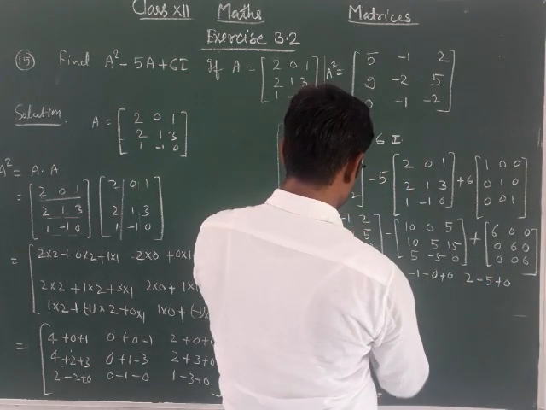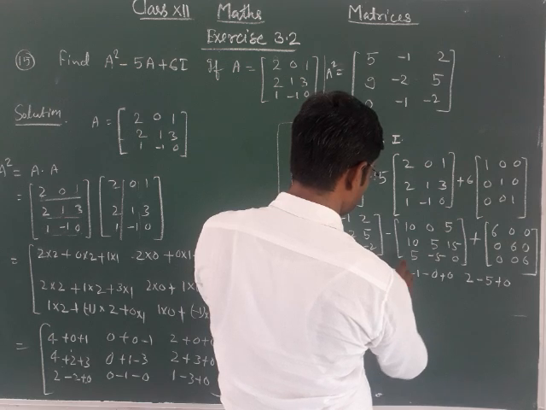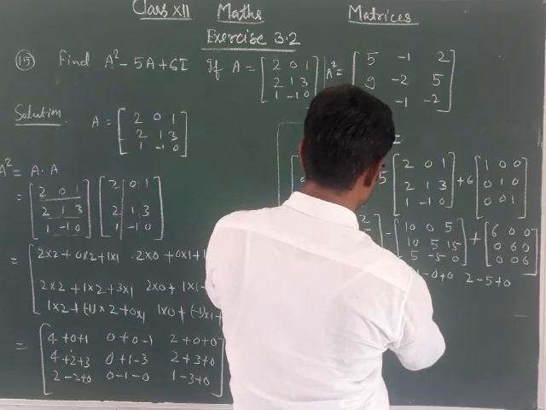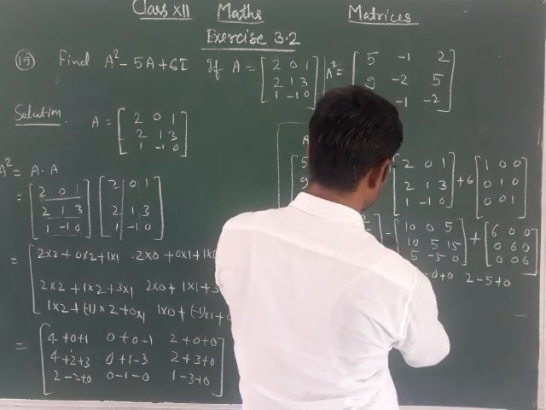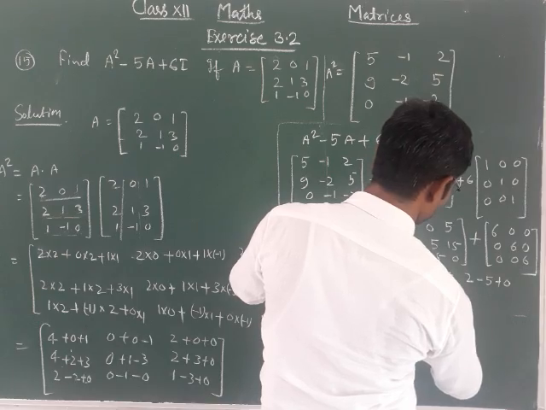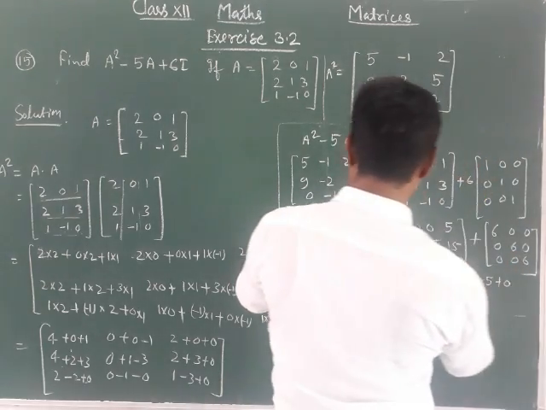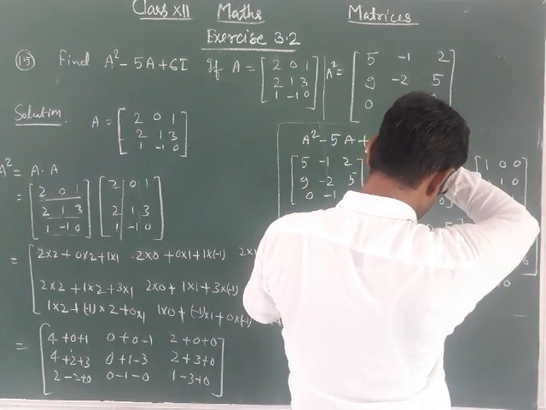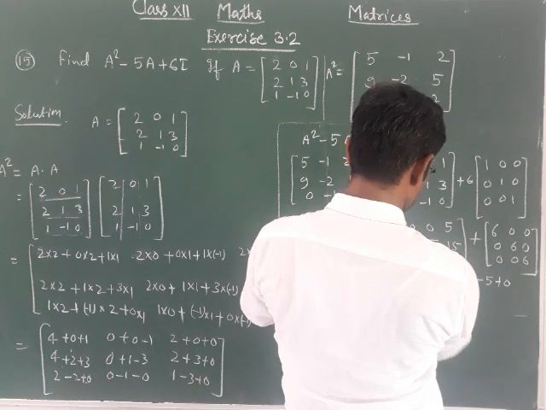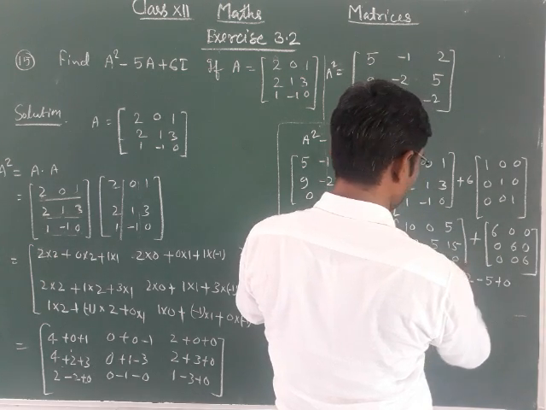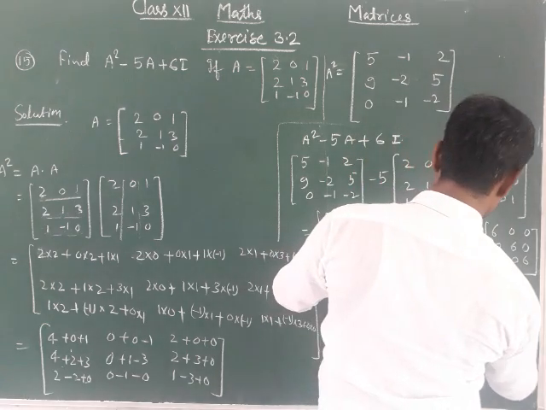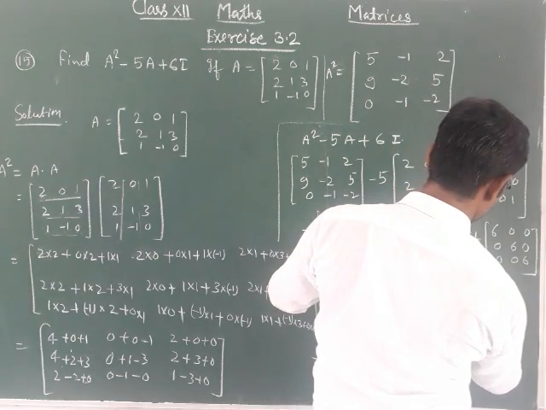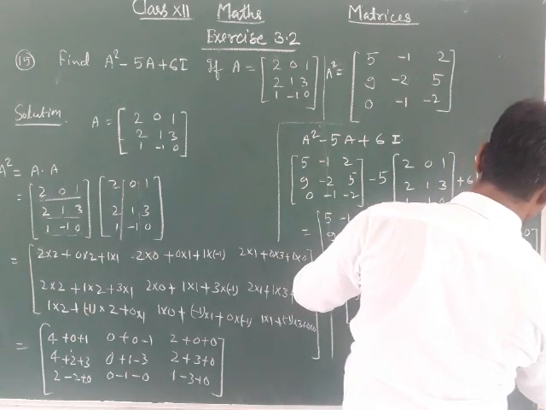Taking 9 minus 10 and plus 0, minus 2 minus 5 and plus 6, and 5 plus 15 minus 15 and plus 0.